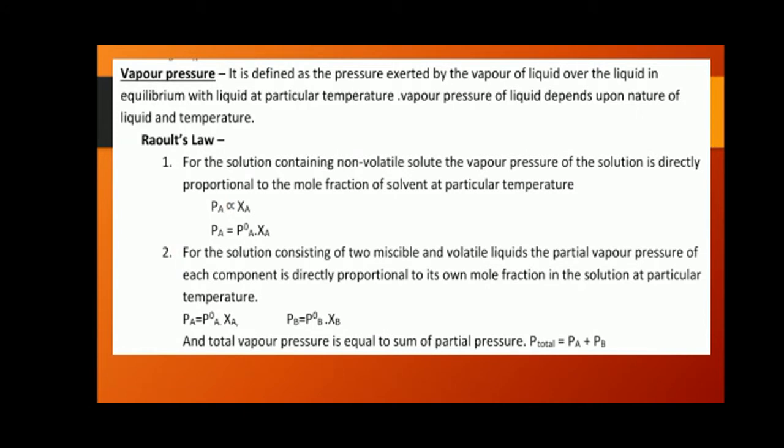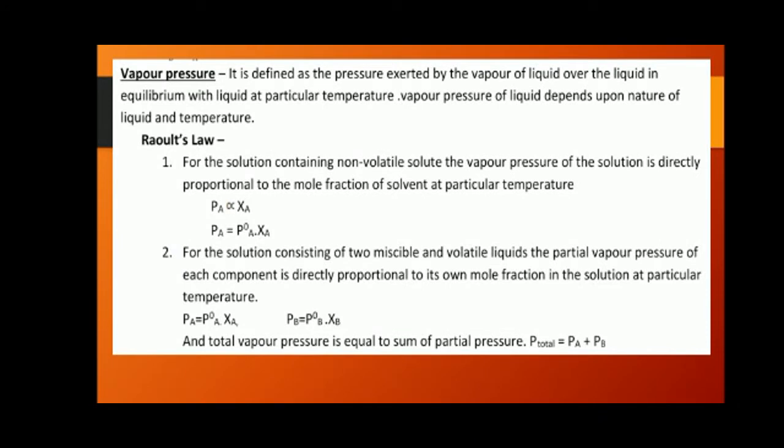Second point, for the solution consisting of two miscible and volatile liquids, the partial vapor pressure of each component is directly proportional to its own mole fraction in the solution at constant temperature.